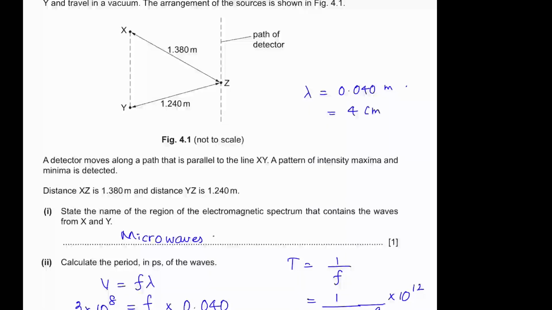To convert seconds to picoseconds, you have to multiply by 10 to the power 12. So 133.3, or to two significant figures, you can give it as 130 picoseconds. Okay. Any questions, anyone?